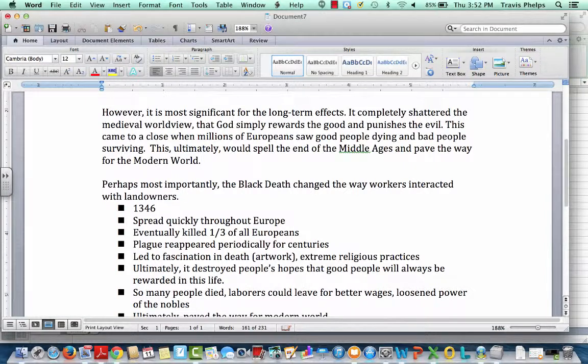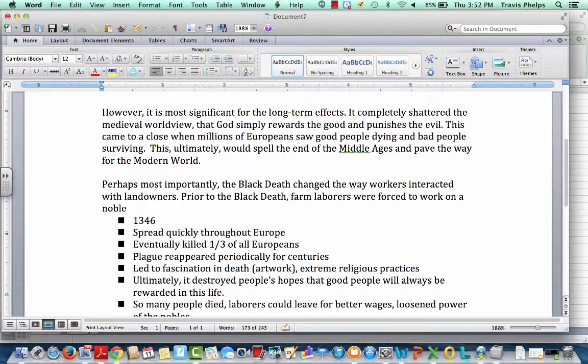We can say here, prior to the Black Death, farm laborers were forced to work on a nobleman's land.